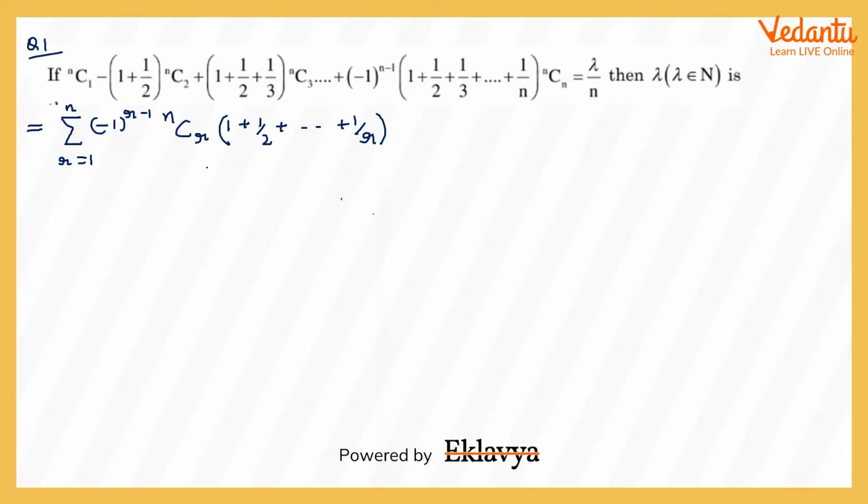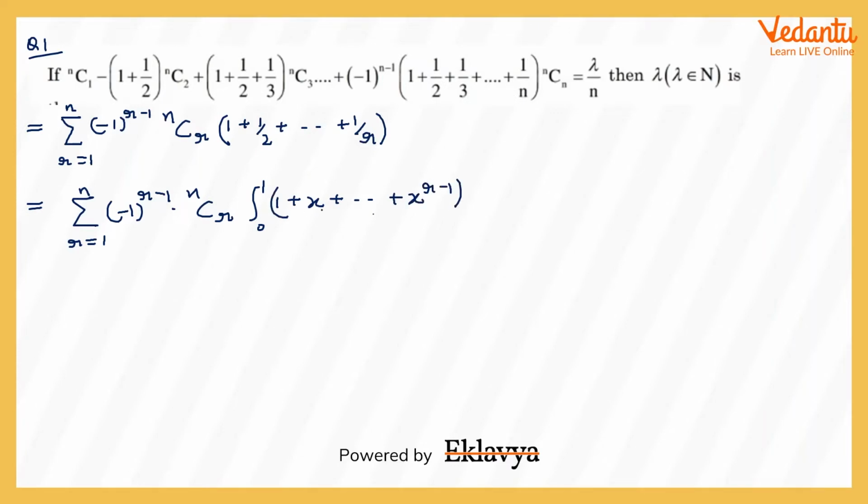Okay, now I think we can write this also as summation r equals 1 to n (-1)^(r-1) nCr, and this I can write as integration 0 to 1 of 1 plus x and so on plus x^(r-1) dx.